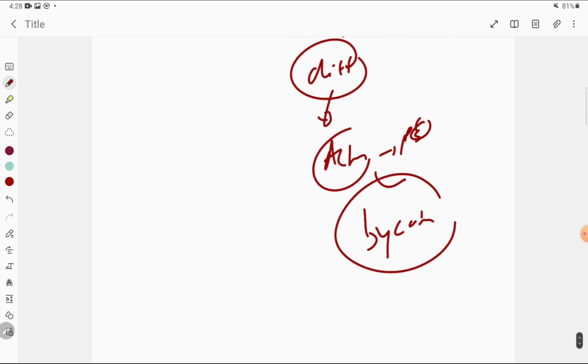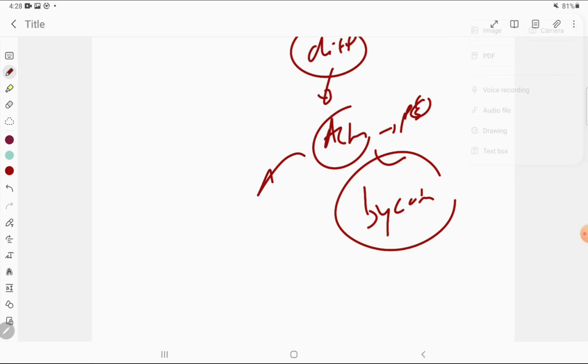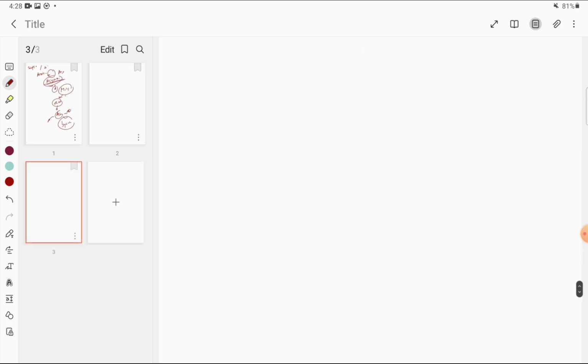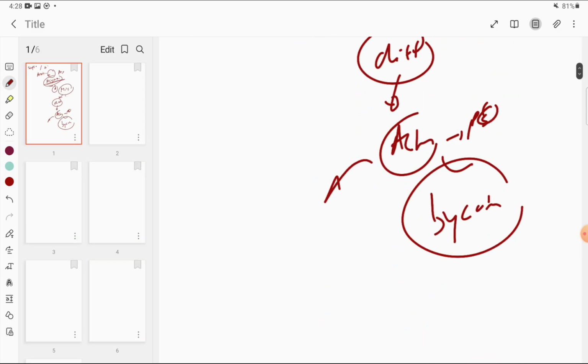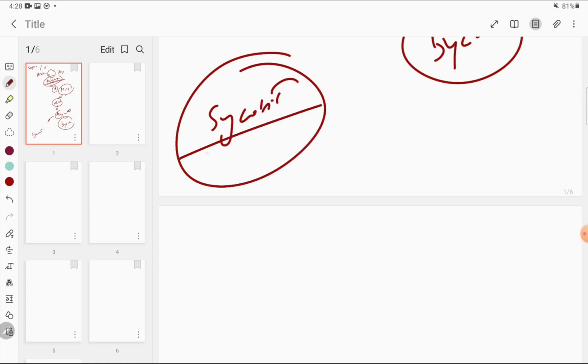So if they ask you the miasm of asthma, the answer will mostly revolve around psychosis, right?